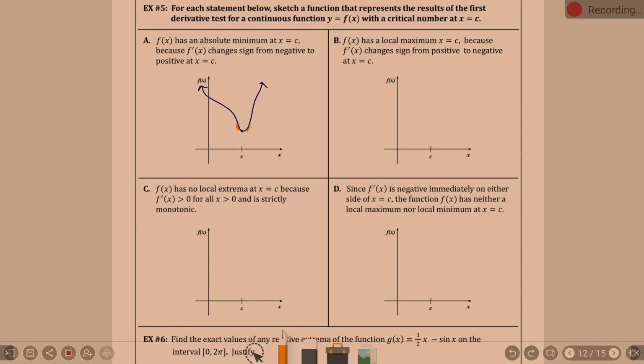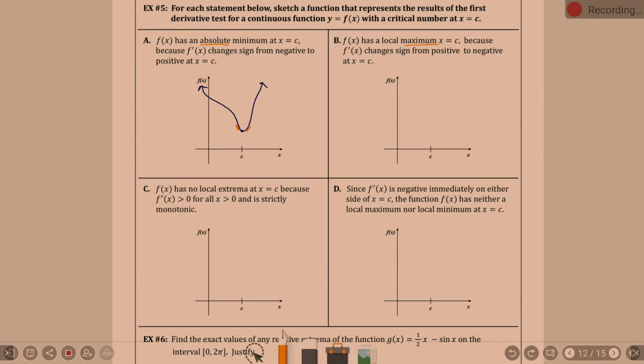Okay, B. F of x has a local maximum at x equals c, because f prime of x changes from positive to negative at x equals c. You could do a cubic.